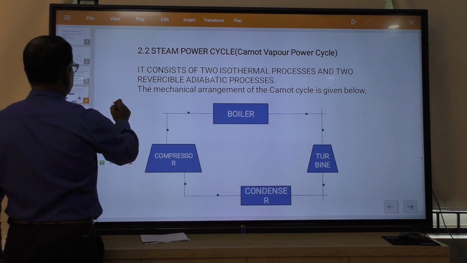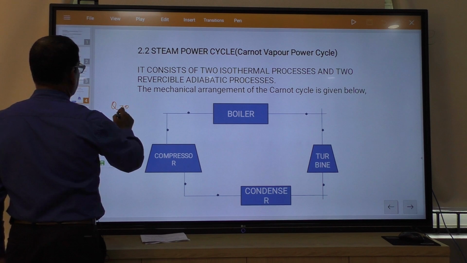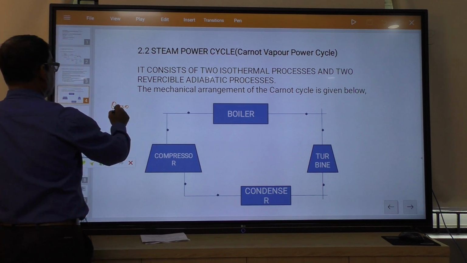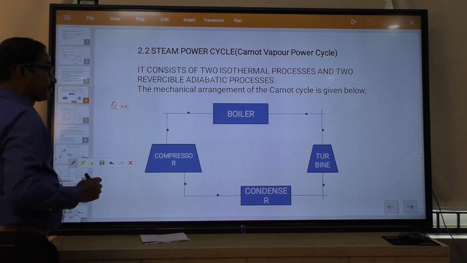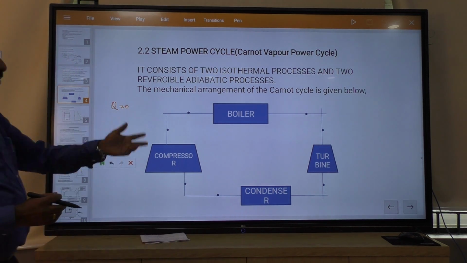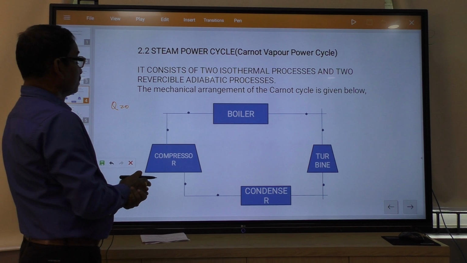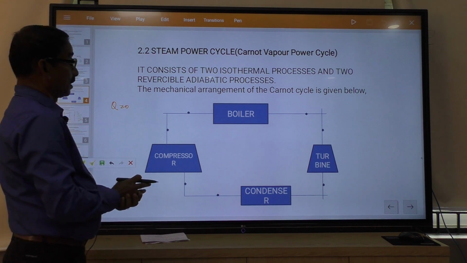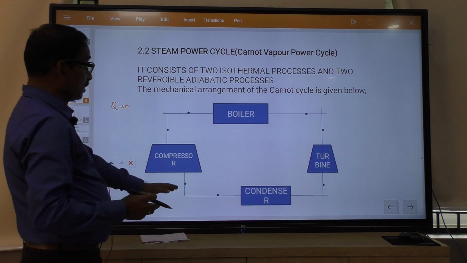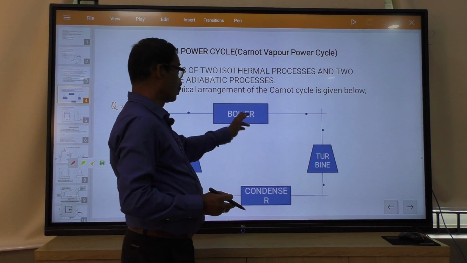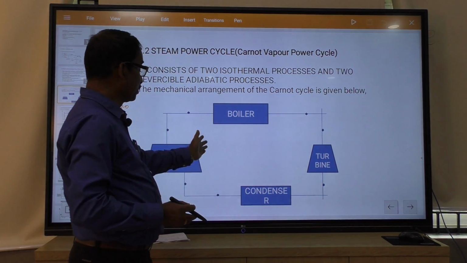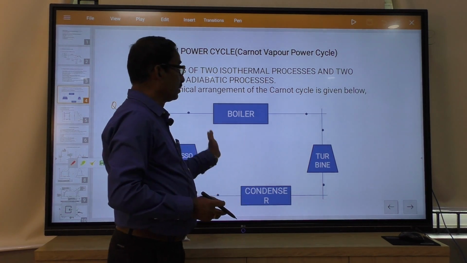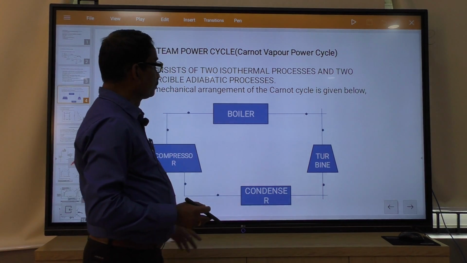As per the Kelvin-Planck statement, some heat should be rejected into the sink. That means 100% of the heat cannot be converted to work as per the second law of thermodynamics. Therefore the condenser is your sink, and the boiler is the source. Here some heat is always rejected, otherwise, if there is no heat rejection, the plant is impossible.